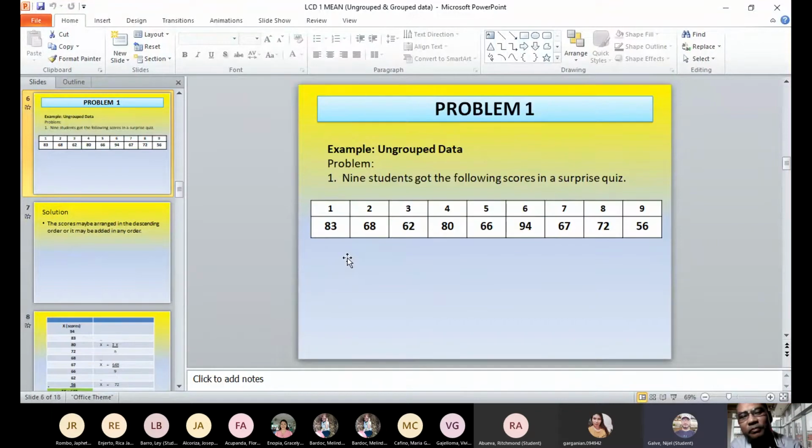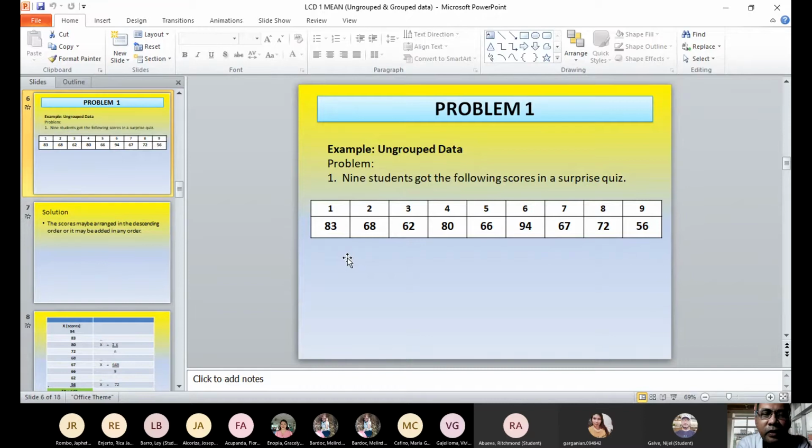Now, for example, 9 students got the following scores in a surprise quiz. So there are 9 students with their scores: 83, 68, 62, 80, 66, 94, 67, 72, and 56.